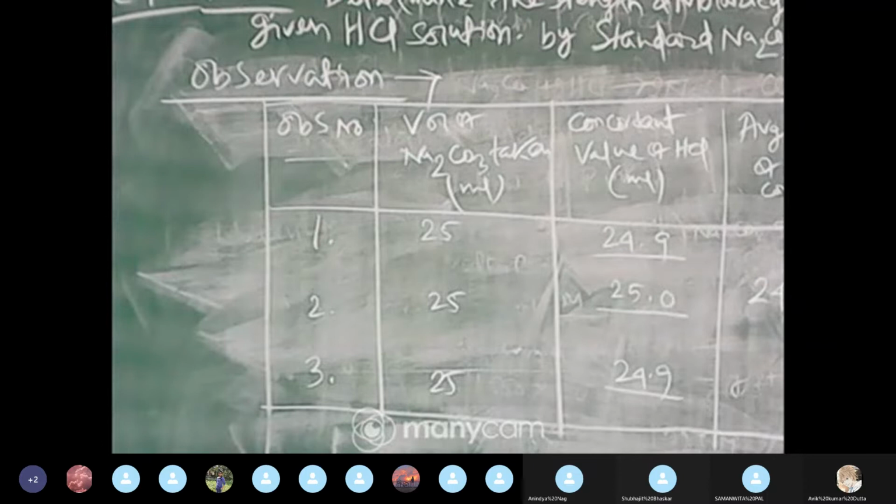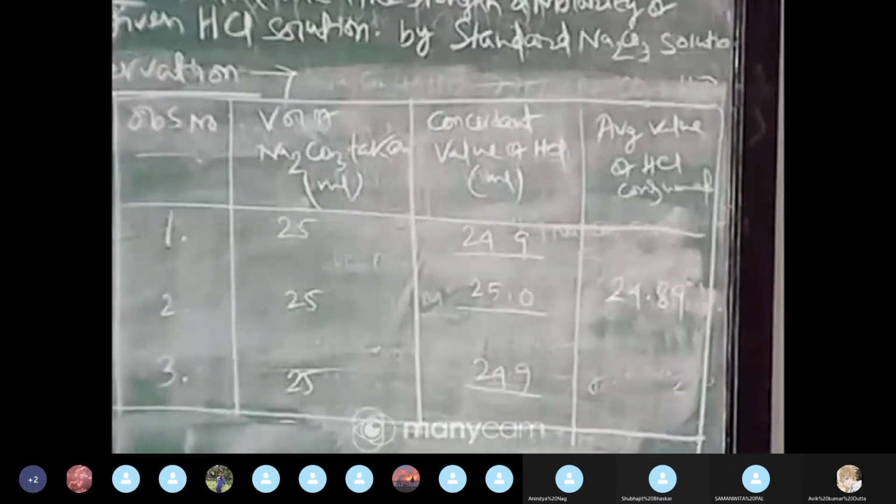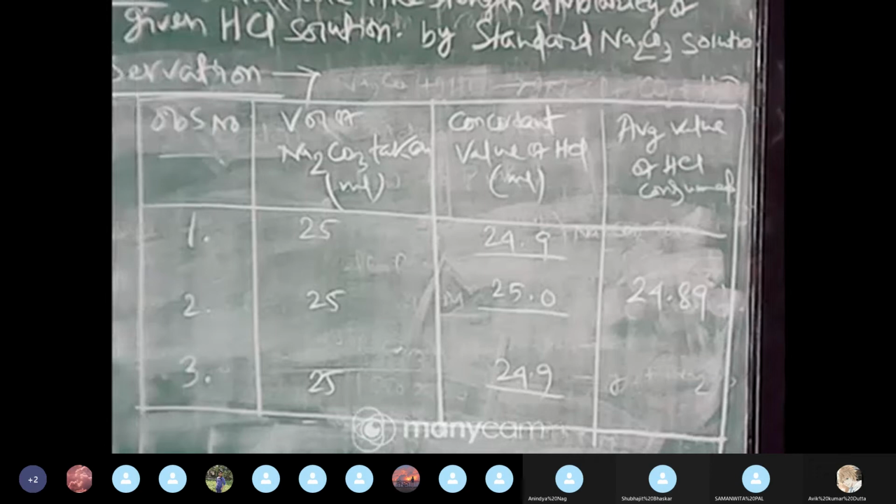First column, observation number, next volume of sodium carbonate taken. I think now you can see.